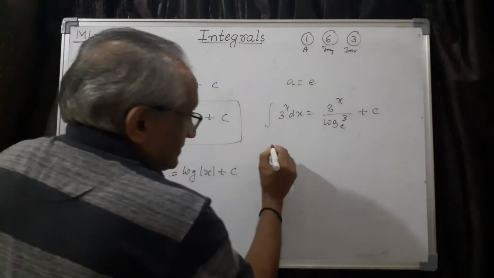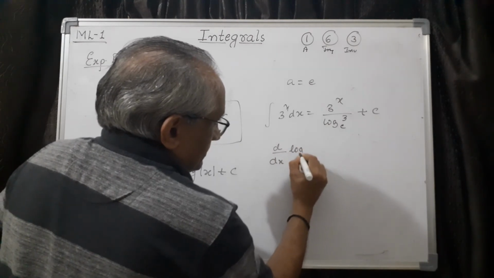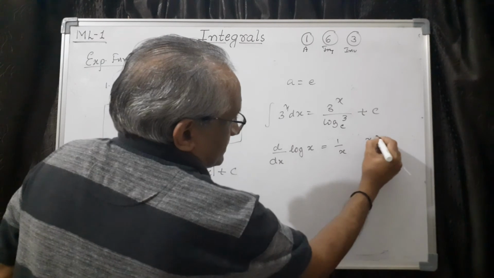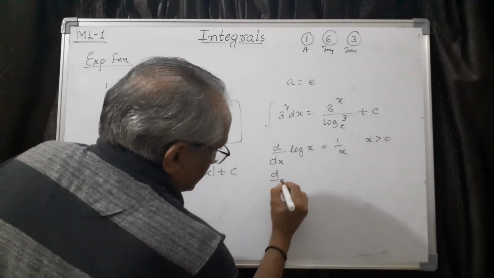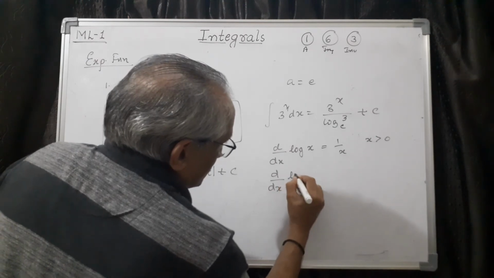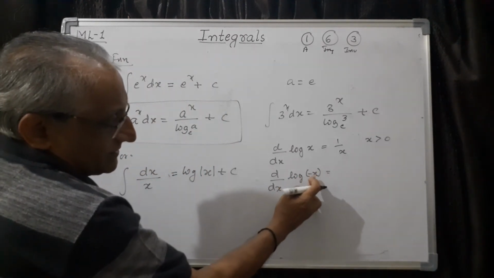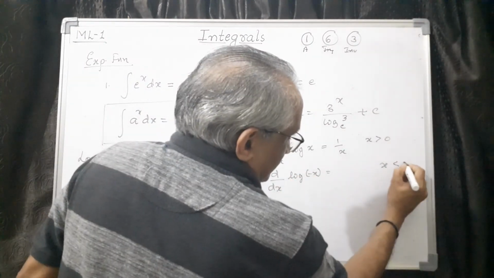And another interesting thing is this: d by dx of log x, suppose you take x, this is definitely 1 by x, and the condition is x is positive. And d by dx of log of minus x, this also we can do. What is the condition here? Minus x should be positive, so x is negative actually here.